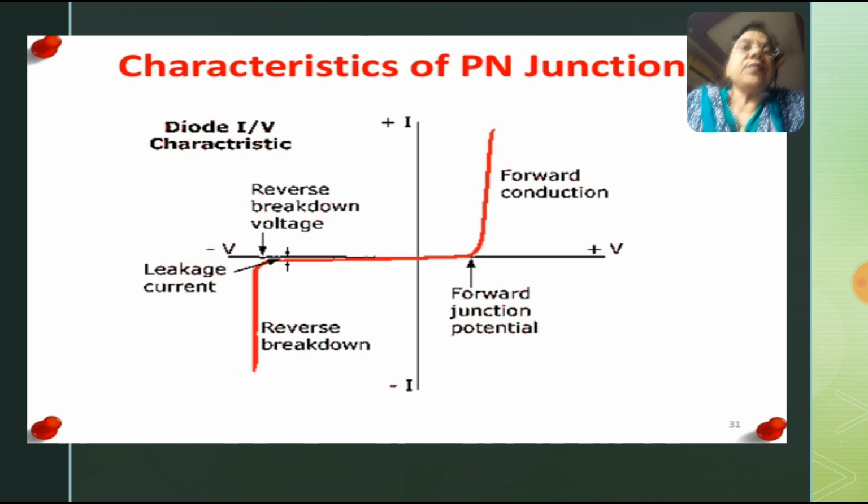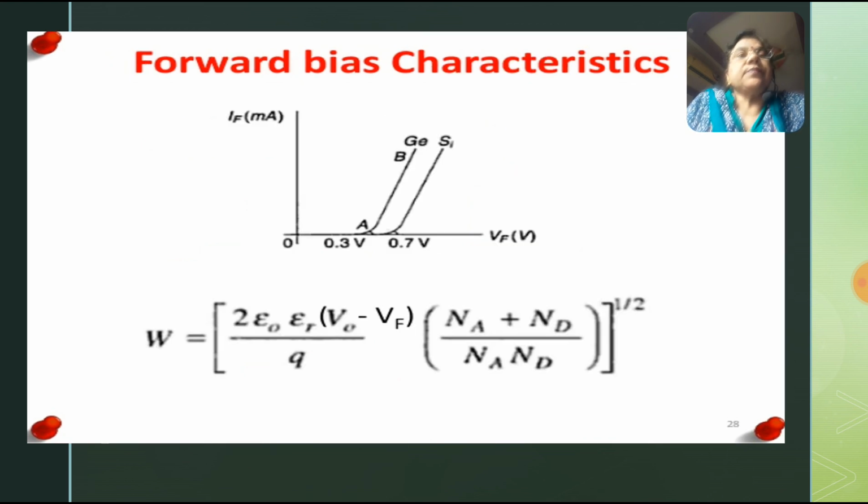And if you observe the reverse bias mode, what happens? Up to the reverse breakdown voltage, the current is 0 apart from leakage current, but after some point there is a large flow of current in reverse bias condition.